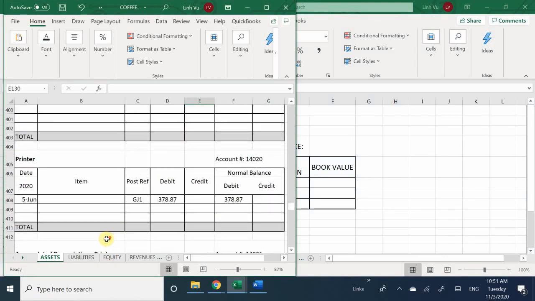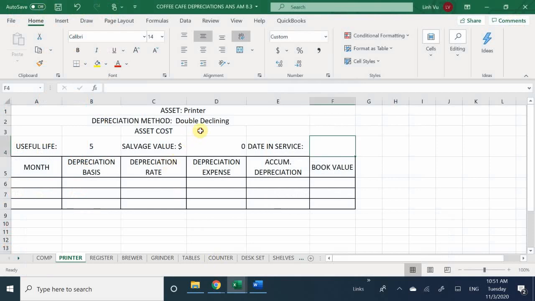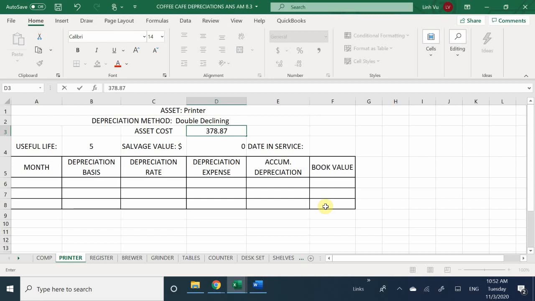So, when did we buy the printer, and how much is the printer? 378.87, June 5. We bought it on June 5th, so it's already ready for service. We know that we have to depreciate for the month of June.